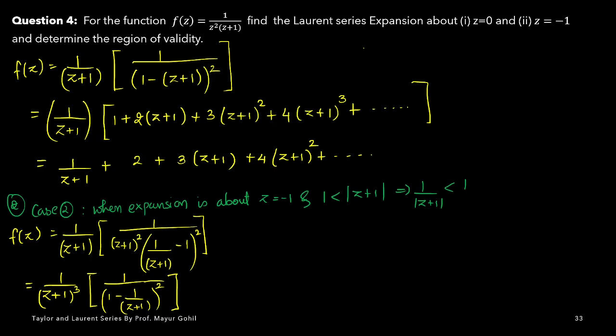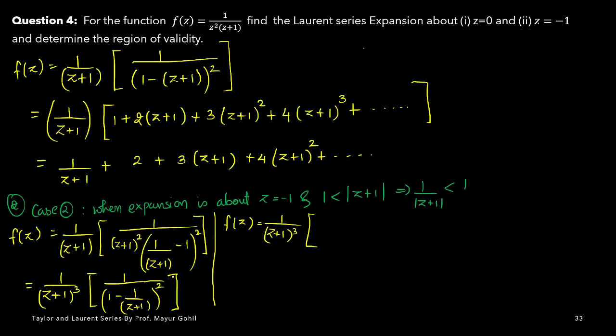Now this expansion is again in a similar manner to the derivatives we did in the above part. So the expansion now will be f of z equal to 1 upon z plus 1 the whole cube, and now this expansion is of 1 upon 1 minus z the whole square, right?